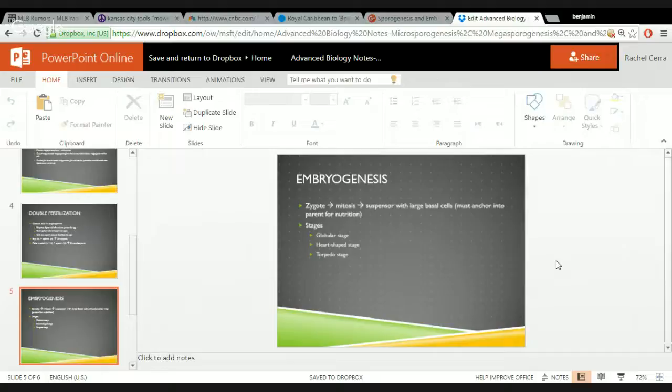So it's kind of like the placenta. It's got to anchor into the parent to get that nutrition. Because remember, this is the ovule that's attached to the inside of the ovary, so it's still connected to the parent plant. So then the suspensor will then grow to form the rest of the new plant.